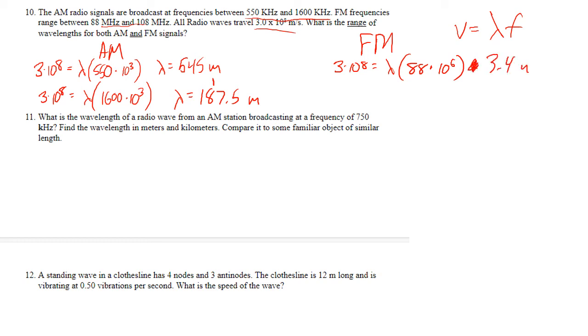Alright, and then one more time. This time we're doing 108 times 10 to the 6, because megahertz. So we're going to get about 2.8 meters. Ta-da! You can do this with your favorite radio station.